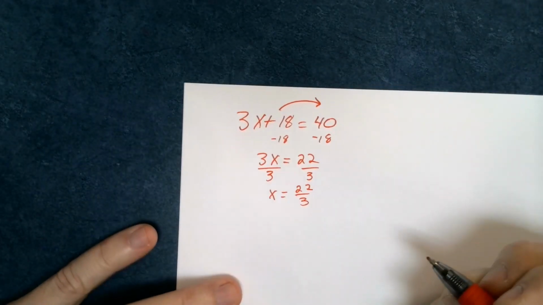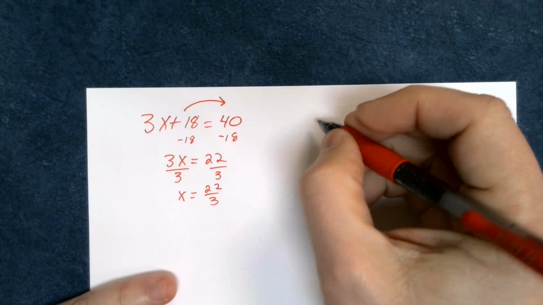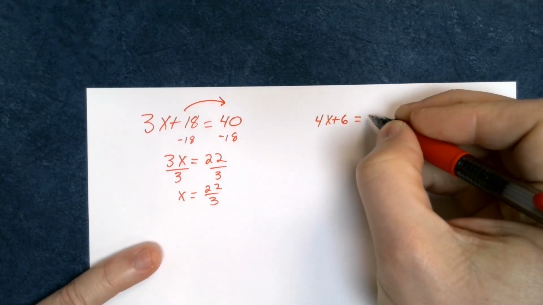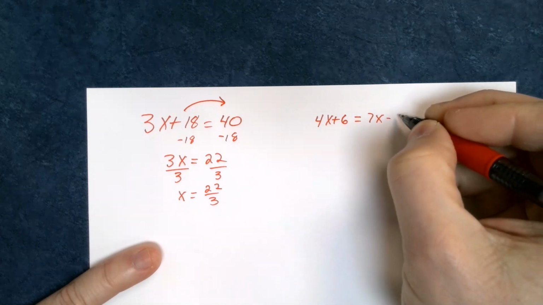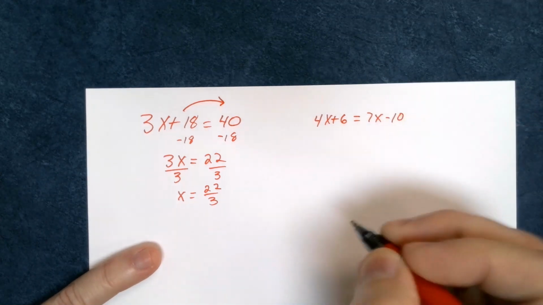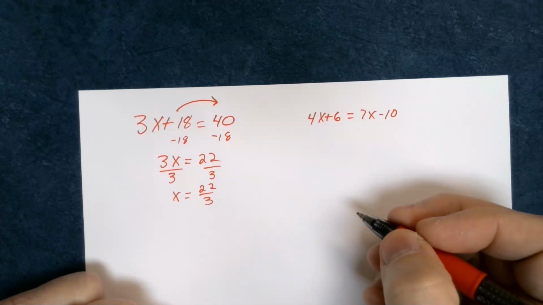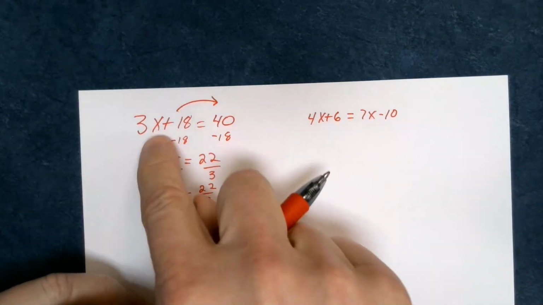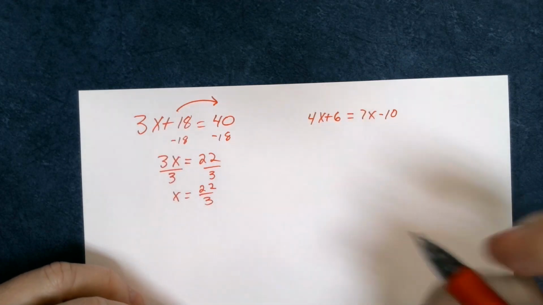Now, the same thing is true if you have stuff on both sides. So if I do 4x plus 6 equals 7x minus, let's go 10, and I'm trying to solve this equation, I'm going to try and get my x's together first, because just like over here there was only one x, I want to get my x's together.